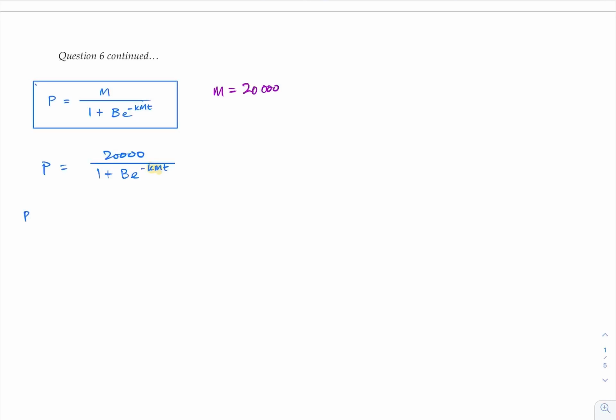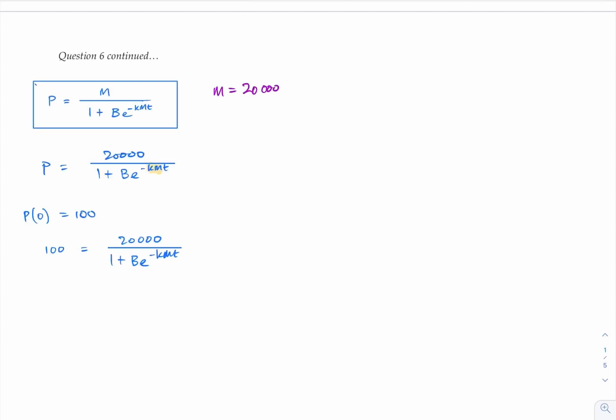All right, P of 0 equals 100. That's some data that was given: initially, 50 years ago, 100 rabbits were placed on the island. So we have 100 equals 20,000 over 1 plus b e to the negative kMt. Now, I do this every time. I've written t instead of writing 0.